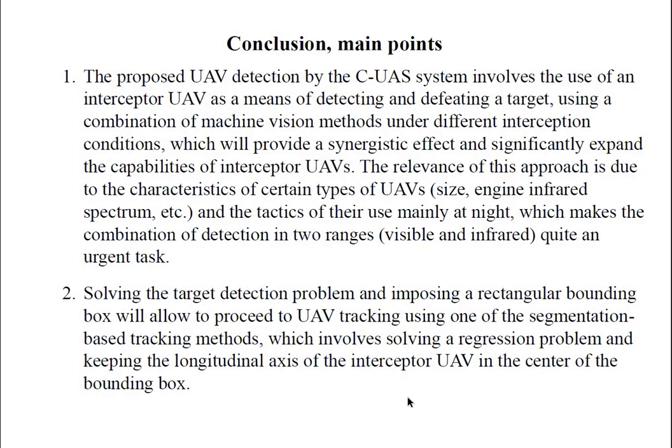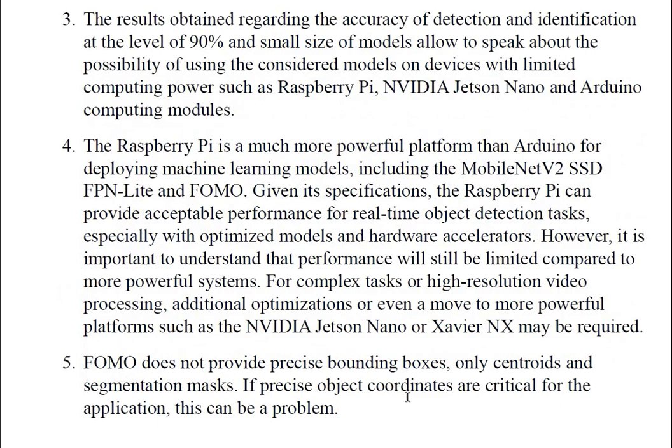Solving the target detection problem and imposing the rectangular bounding box will allow us to proceed to vehicle tracking using one of the segmentation-based tracking methods, of course. The result obtained regarding the accuracy of detection and identification at the level of 90%, and the small size of the models, allow us to speak about the possibility of using the considered models on devices with limited computing power.